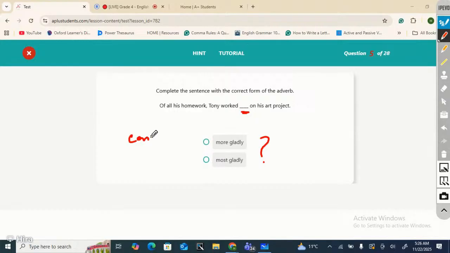More gladly is a comparative adverb, because if we use the word more with an adverb, it means it is a comparative adverb. It compares how two actions are done. And to make a superlative adverb, add most to the adverb having more than one syllable. So which one are you going to use?